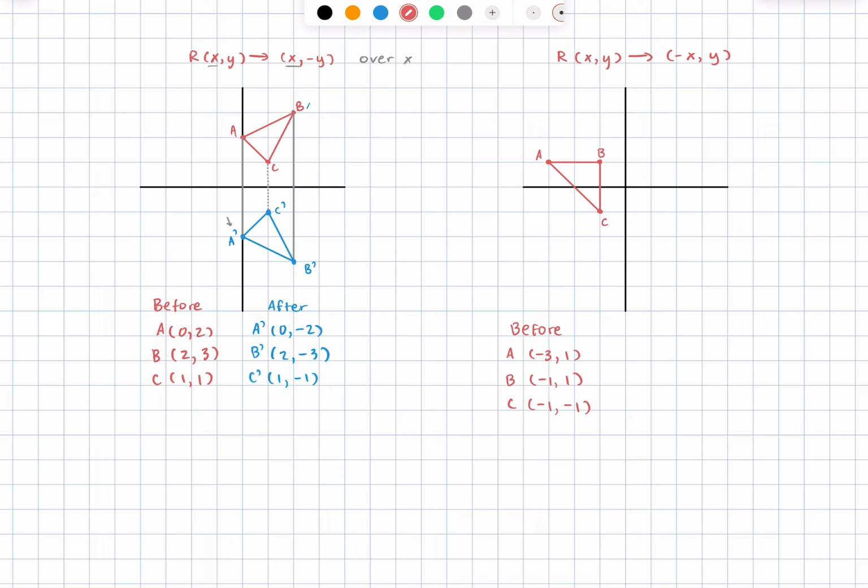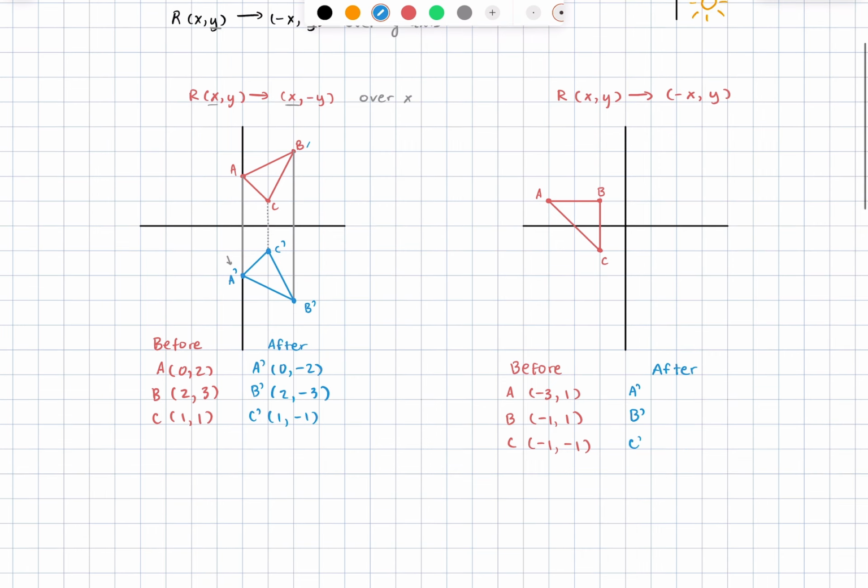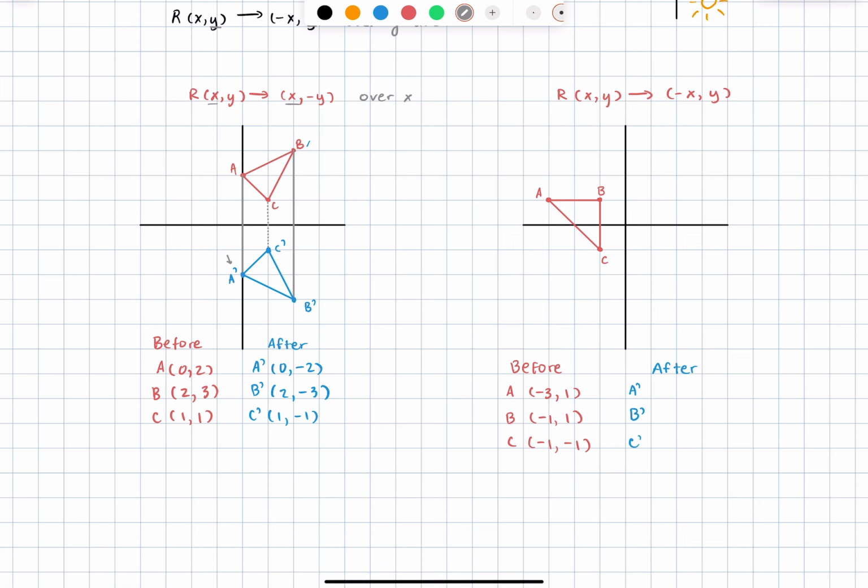So my after. I'm going to do 1 point directly on the graph, and then for B and C, I'm going to do them here on this table and then plot them to show that it doesn't really matter what you do. So for A, I know it's going to end up on this side over here because it's over the y-axis.